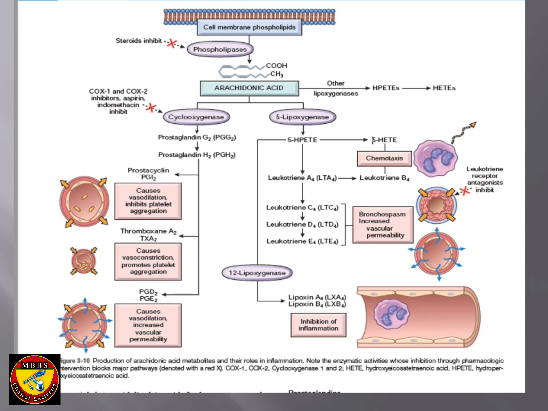So there are two main events, and then what are the different events that happen in inflammation, and what are the main chemical mediators which help in specific actions. Then you can easily remember the chemical mediators, right?